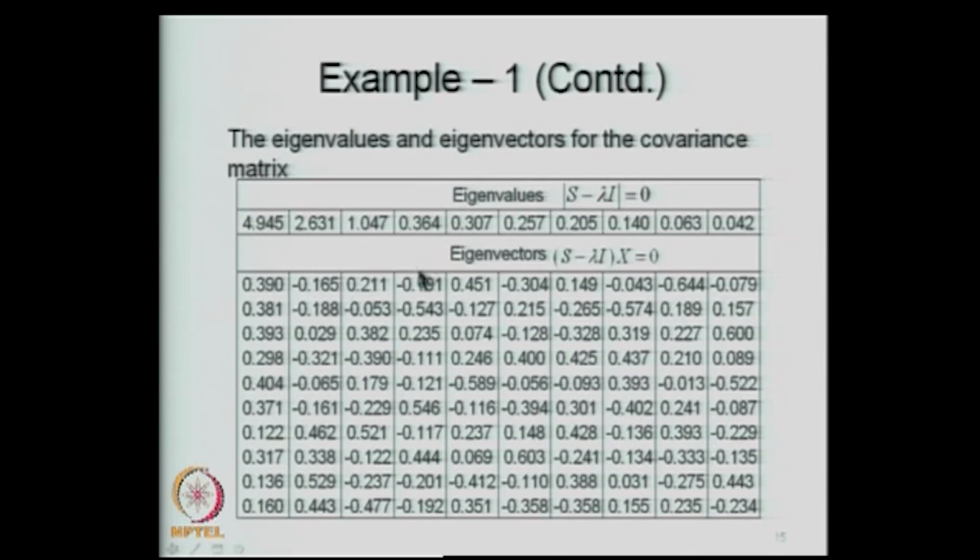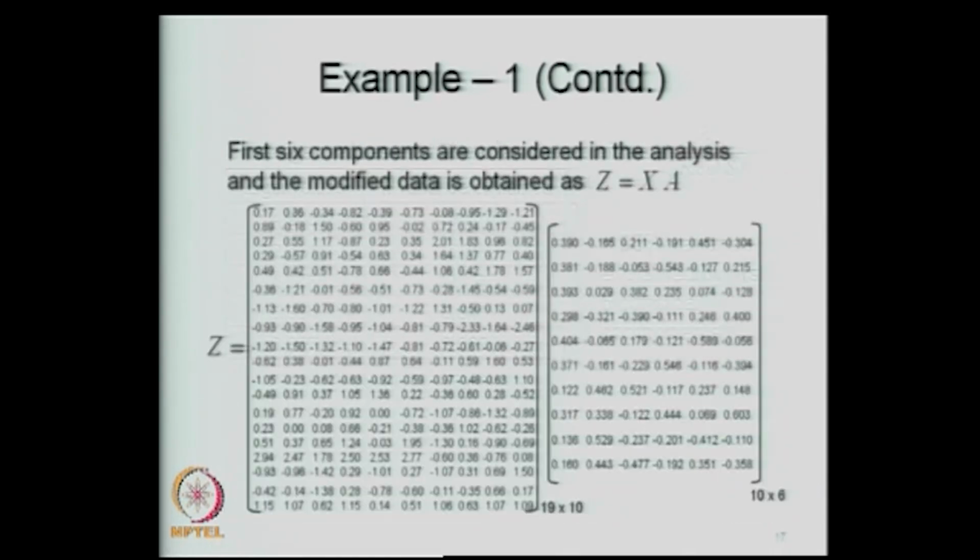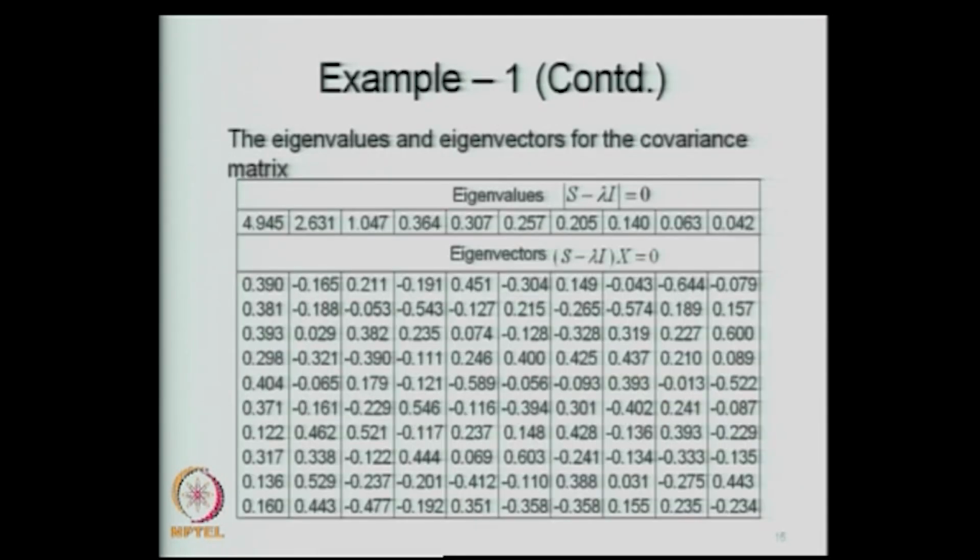These are the 6 principal components we are considering. And these 10 rows are associated with the 10 variables. So, you had the initial 10 variables, and you have 10 values corresponding to them.